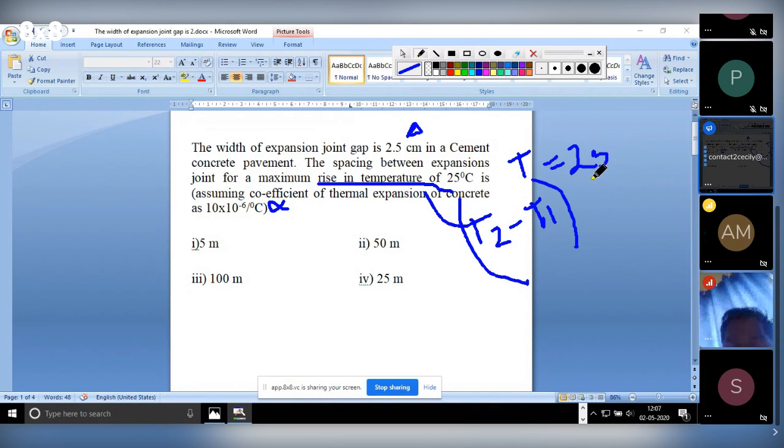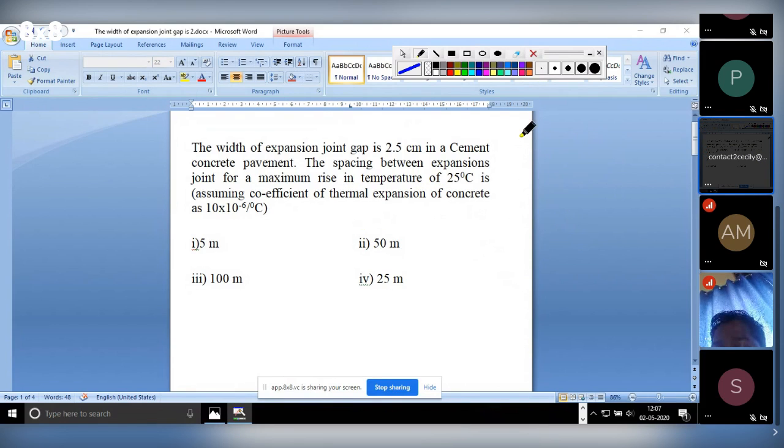I am getting 50 meter. So option 2 is the correct answer. Everyone done? Clear?